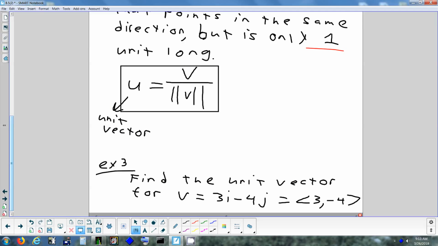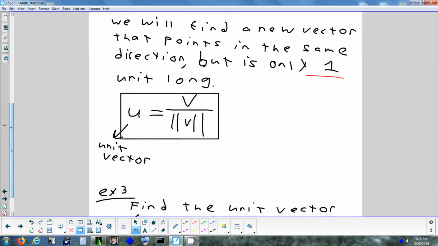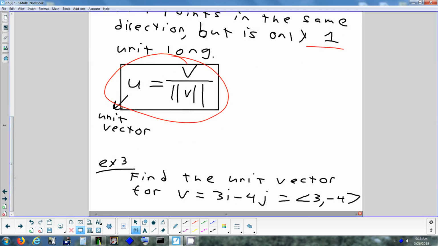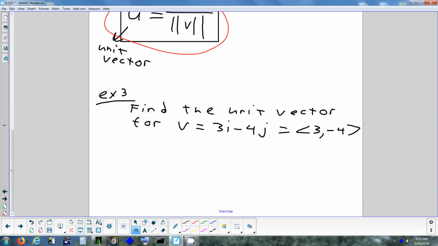So now I ask myself, it's 5 units long. Is that a unit vector if it's 5 units long? No. So we need to adjust it using that formula. Take the vector that you have and divide by its length, or scale it by 1 over its length. So ours is 5 units long. We would scale by what fraction?